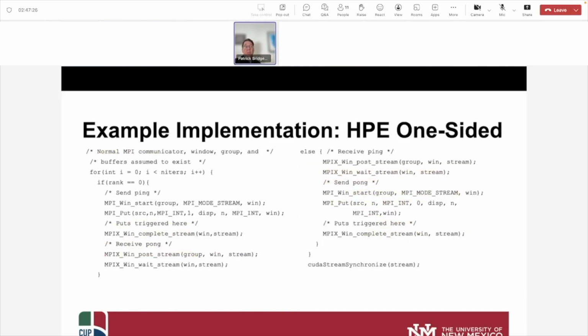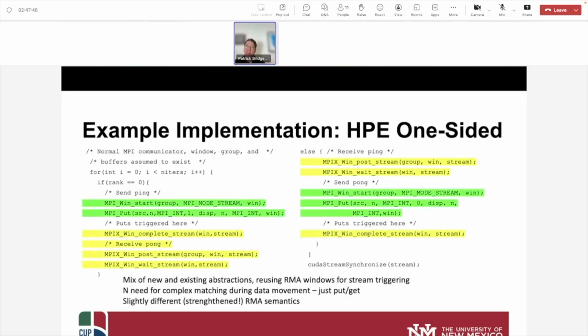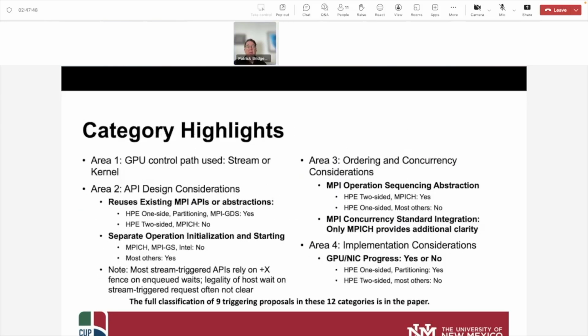Whereas if you look at HPE one-sided, win start is in some sense initializing an MPI operation, as is MPI put, whereas MPI-X when complete stream is actually starting the transfer. Now, I'm sort of abusing initializing and starting in the RMA context because those are mostly two-sided concepts in the MPI standard, but the issue is I think still relevant here.